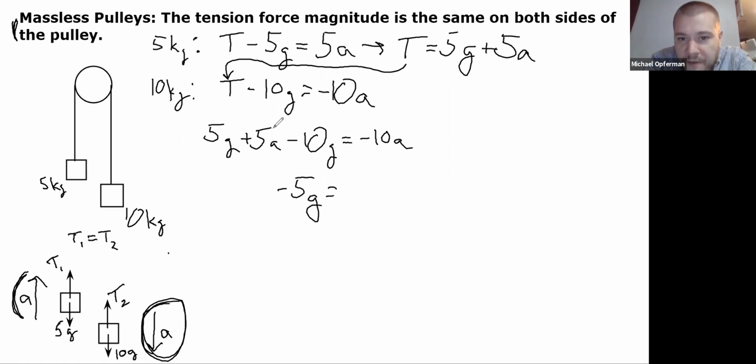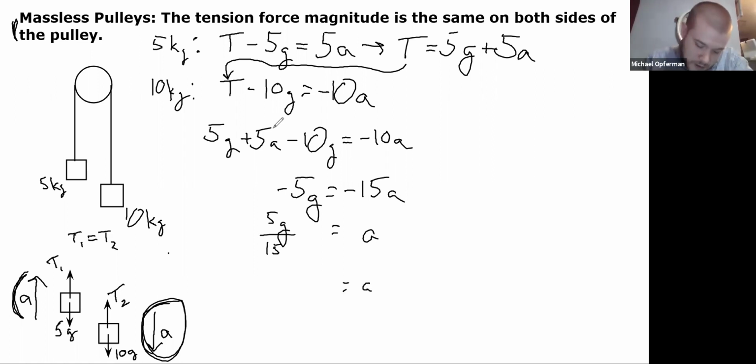And then let's move the 5a to the other side of the equation, and it'll be minus 15a. So then the two negative signs cancel out, and we end up getting a equals 5g over 15, which is about 3.27.